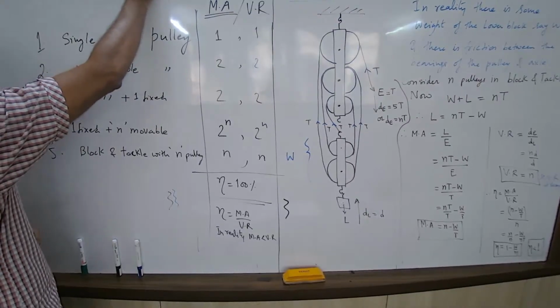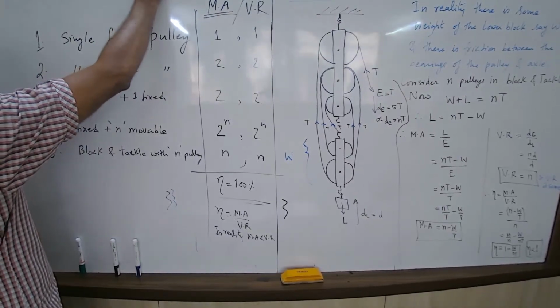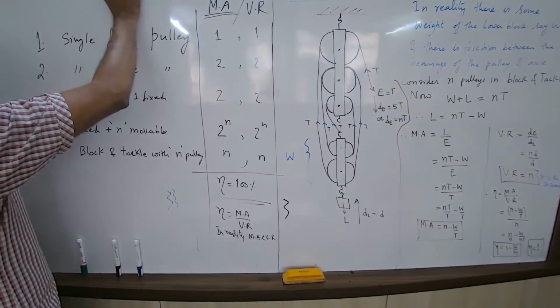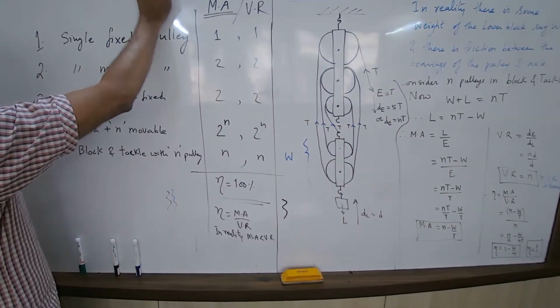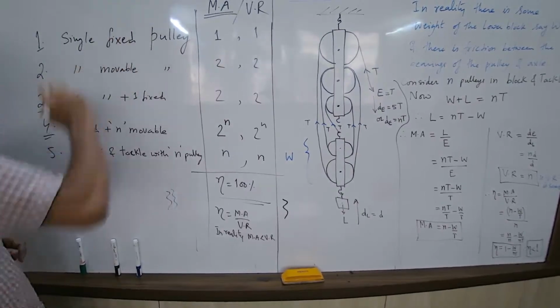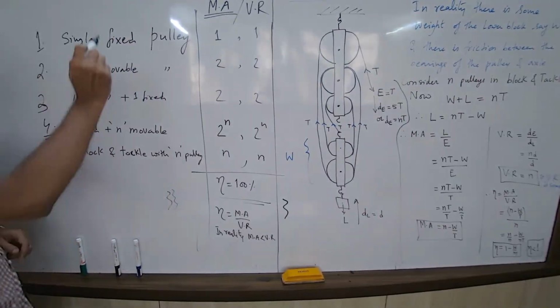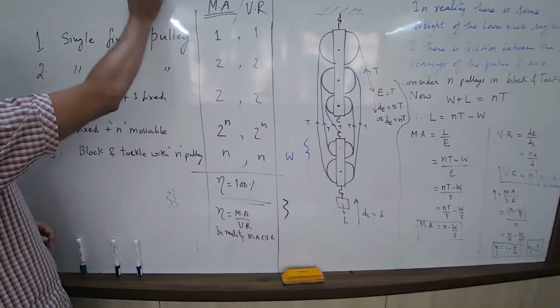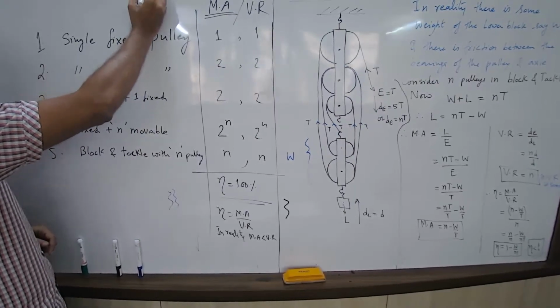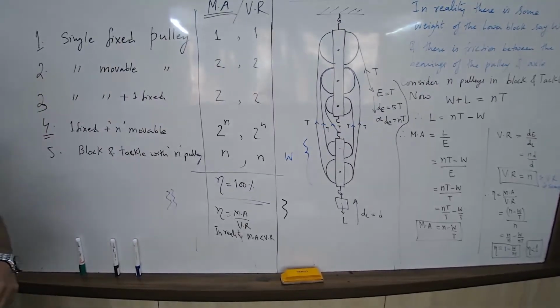So we are following this pattern. Okay, this is the pattern we'll follow. How many rows do we have? 1, 2, 3. Right?